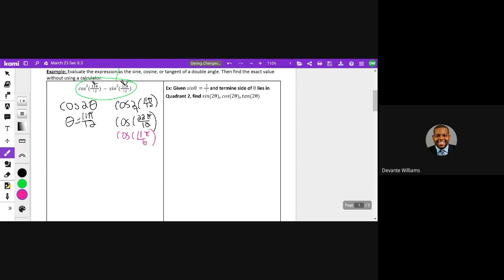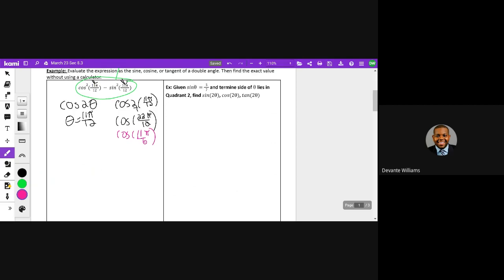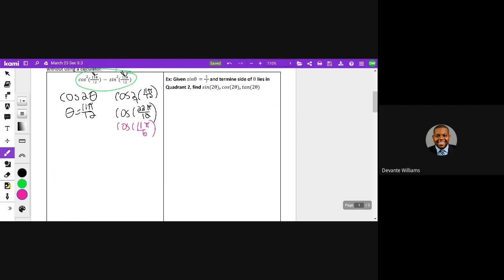All right. Now let's graph this angle. We want to graph it and see what quadrant it lies in. So we're going to graph 11 pi over 6. Remember, a full rotation is 2 pi. So 11 pi over 6 would be in what quadrant? You're right, quadrant 4. Somewhere in there, quadrant 4. That's our 2 theta.